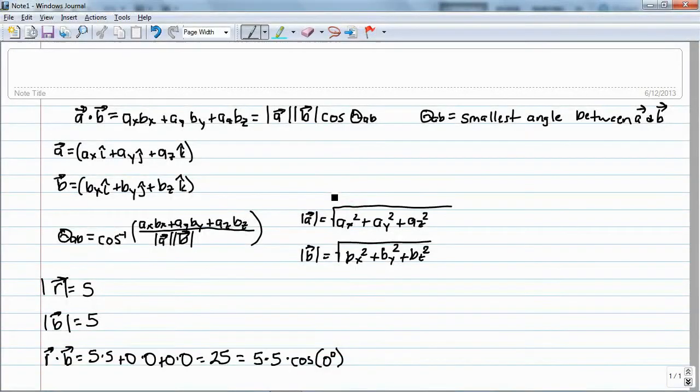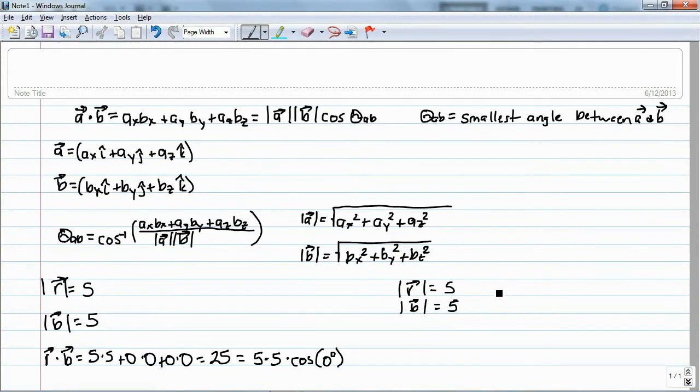And sure enough, if we were to do that, we know that the length of the red vector is equal to 5, and the length of the B vector is equal to 5.